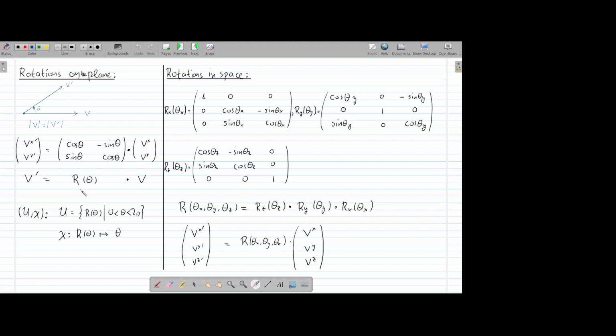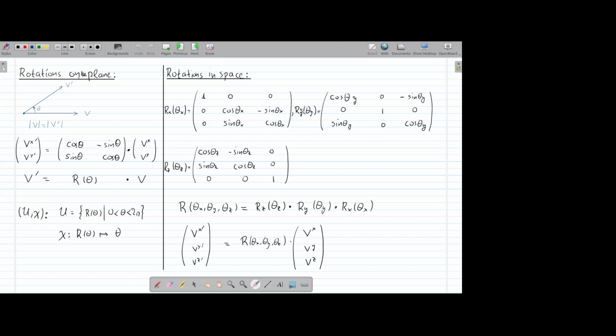Similarly, if we consider such rigid rotations in space, we can define coordinates theta x, theta y, and theta z by considering first rotations with respect to each x, y, and z axis. So if we take a vector v that now has three components, Vx, Vy, and Vz, and we rotate it with respect to the x-axis first by an angle theta x, we obtain a different vector.